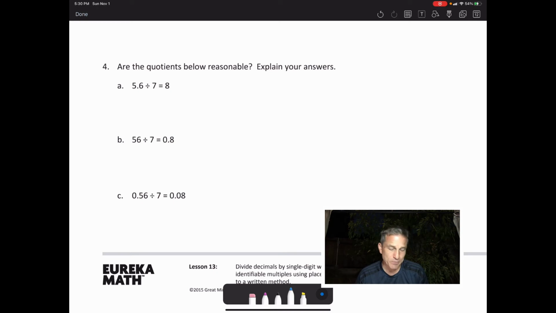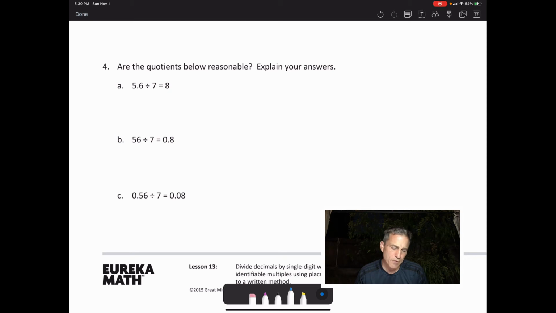So, for example, 5 6/10, it's close to 6, but it's not really compatible with 7 because when we divide it, it doesn't come out to be a nice whole number that's really easy to compute.